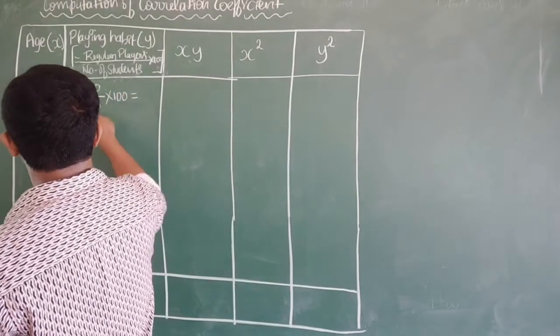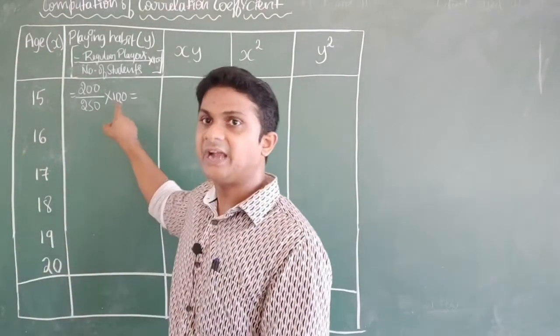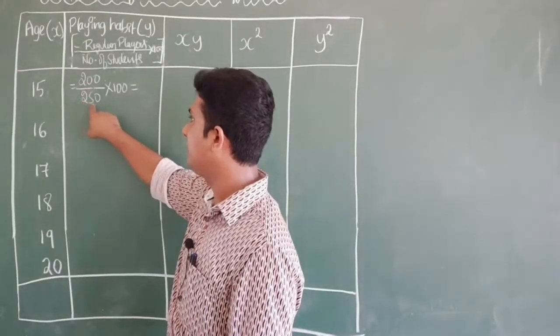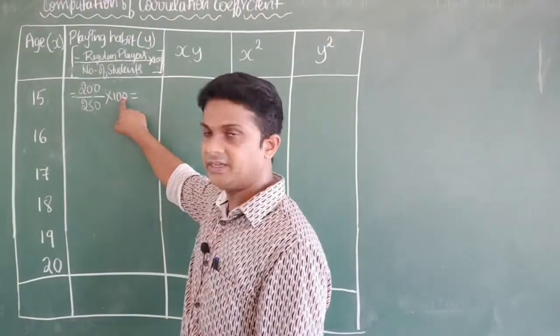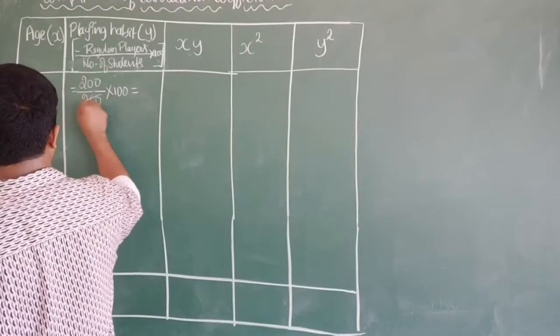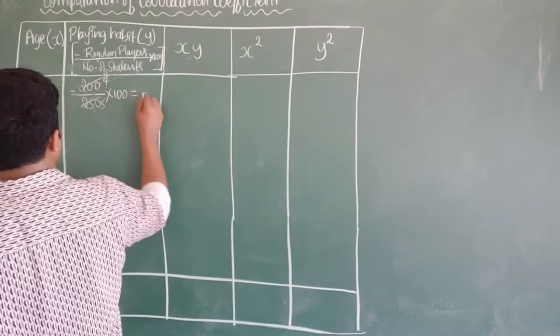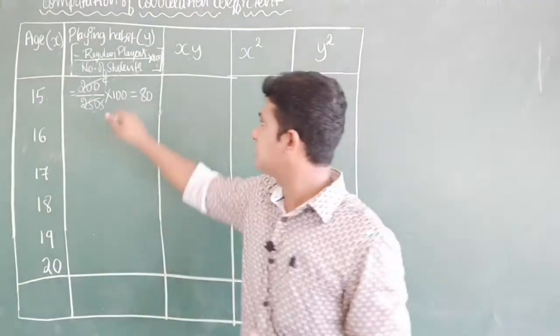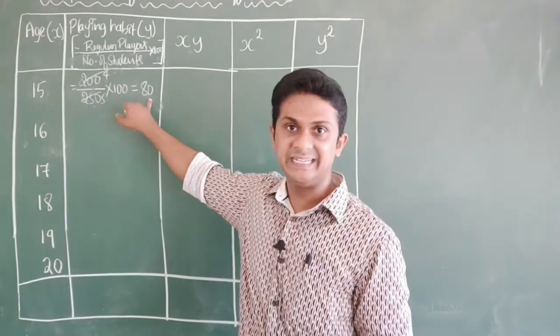Whatever value I get here, I'll be using as my y variable. So it is 200 divided by 250 into 100. If you consider that value, this is equal to 80%. You can use your calculator. So the first value is 80.